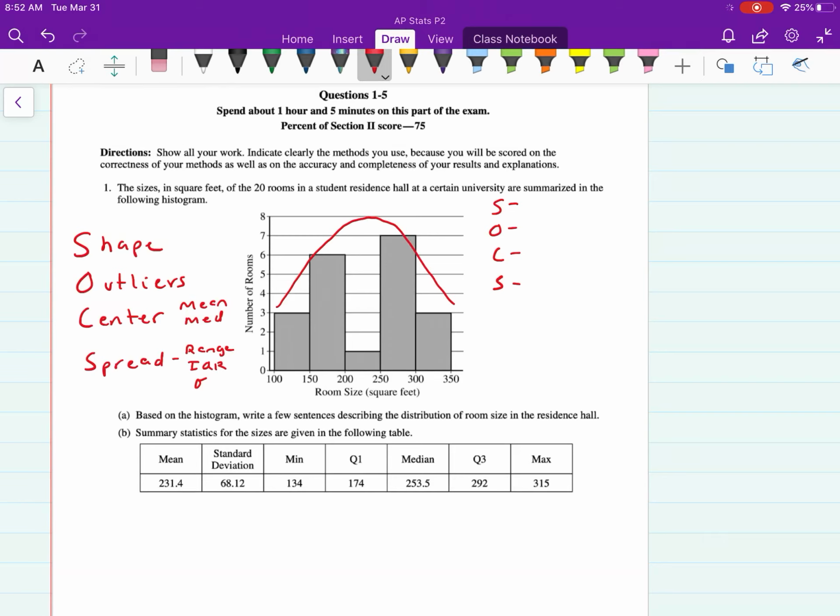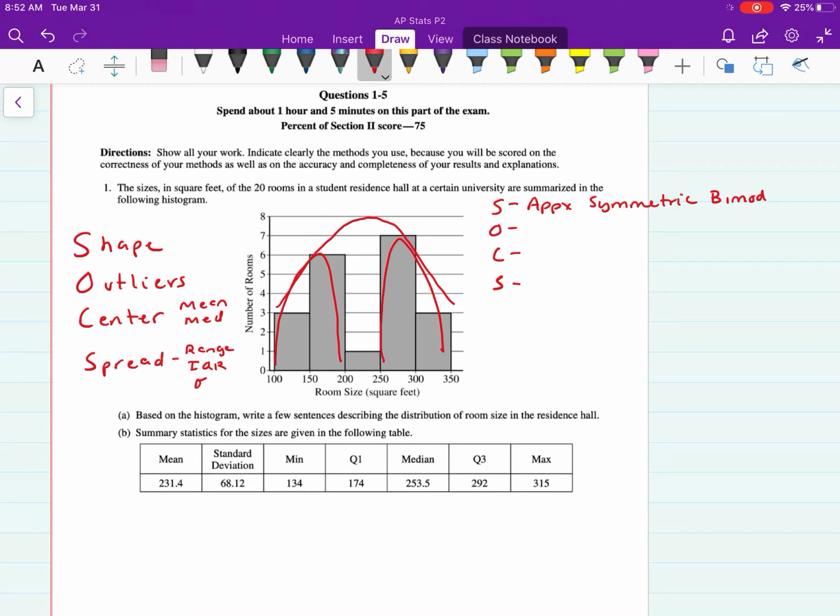So for the shape here, I can kind of see that it's approximately symmetrical. I also noticed that there are two peaks. We kind of have one hump here and then another hump there.